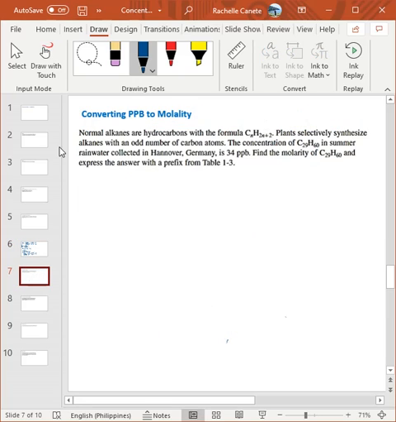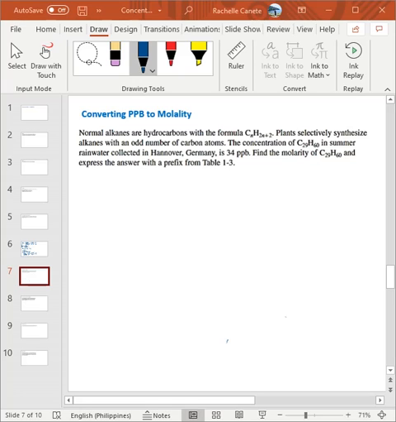Normal alkanes are hydrocarbons with the formula CnH2n+2. Plants selectively synthesize alkanes with an odd number of carbon atoms. So, the concentration of C29H60 in summer rainwater collected in Hanover, Germany is 34 ppb.